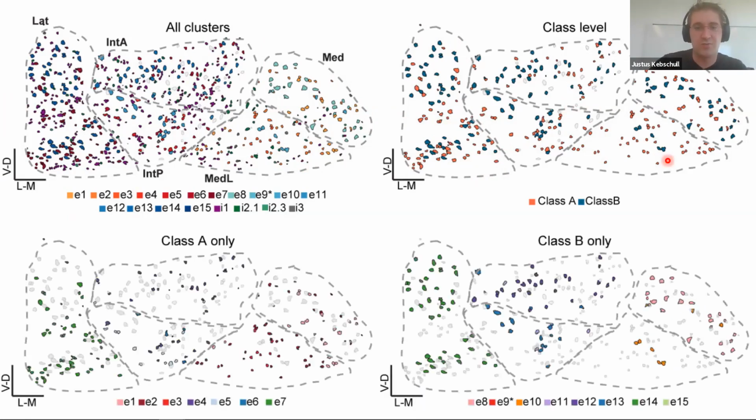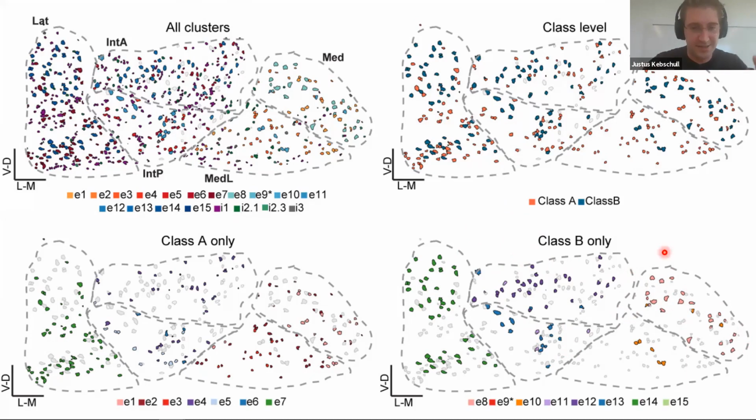Where it gets interesting is when you break down these different classes, class A or class B, into their cell types. What you can see here immediately is that each cell type seems to be specifically confined to just one subnucleus. So the purple ones up here, the dark blue ones are down here, the pink ones are over here, right?